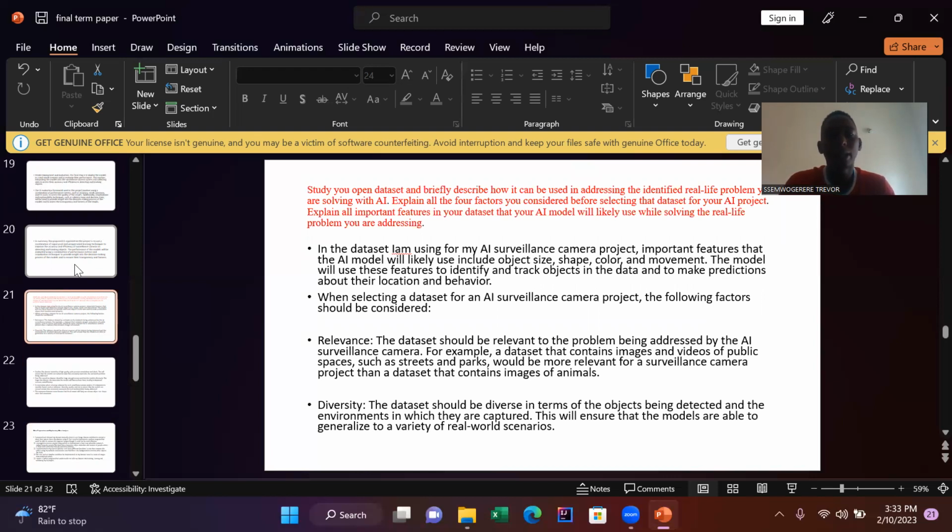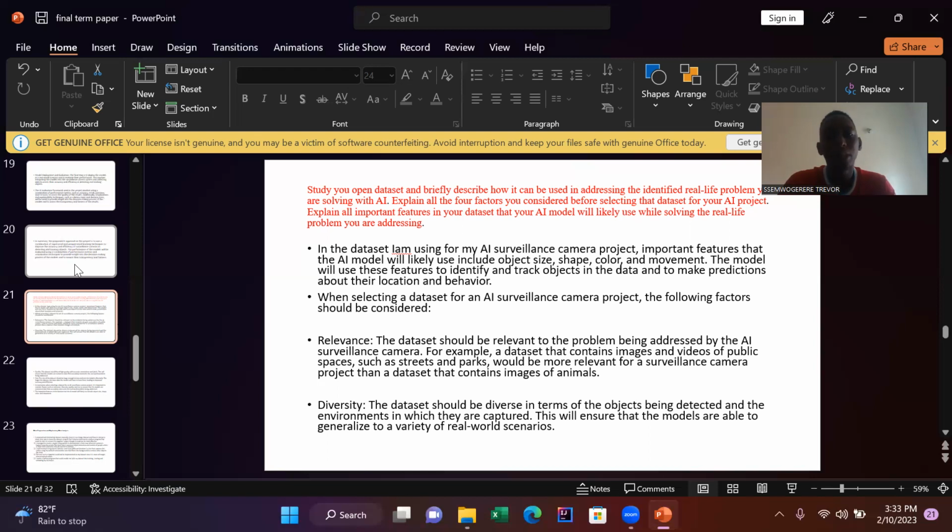Studying your AI, your open dataset, I'll briefly describe. In the dataset I'm using for my AI surveillance camera, important features that the AI model will likely use include object size, shape, color, and movement, because it is a surveillance camera. The model will use these features to identify and track objects in the data.